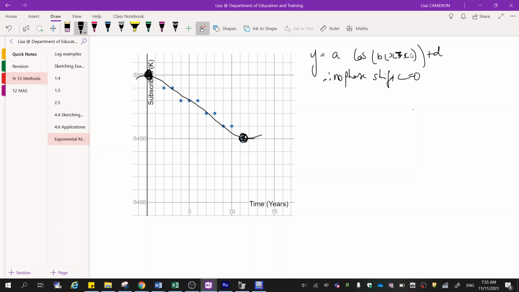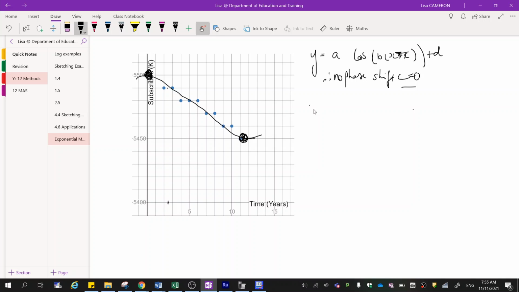C equals 0. So the first thing I'm going to do is knock that out. If I was going to say my C value was there, then I would assume that this point here is the C, so I would say 2.5 or something. But this is going to make my life a little bit easier.